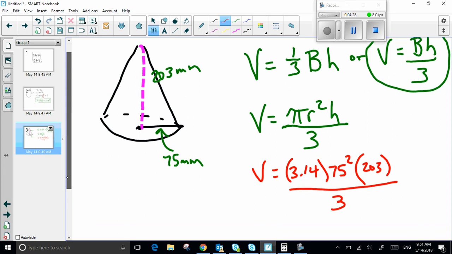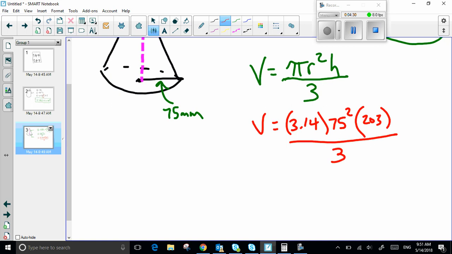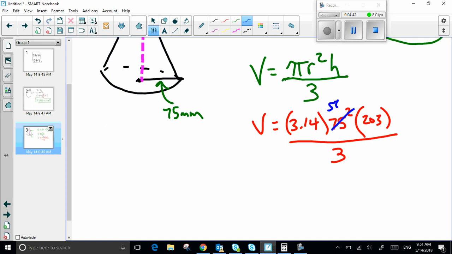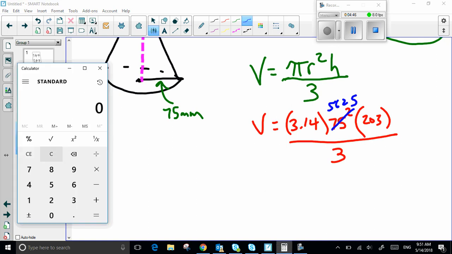One of the first things I'll do is 75 squared, which makes 5,625. Now on my calculator, I can work my way straight across and then divide by 3: 3.14 times 5,625 times 203.